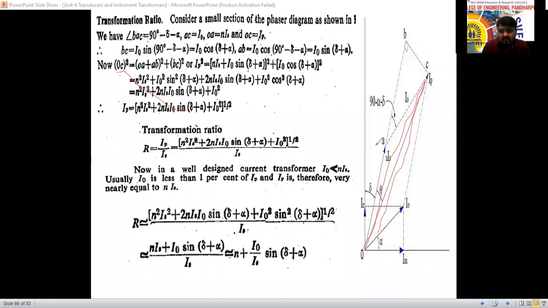Just a minute. You just imagine here now. I will start here. From here to here, we have to write the equation. This one, OC square equal to, we have to start from OA plus AB plus BC square here.